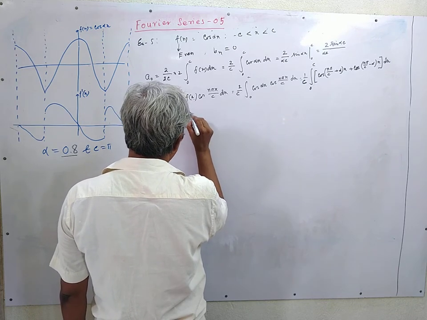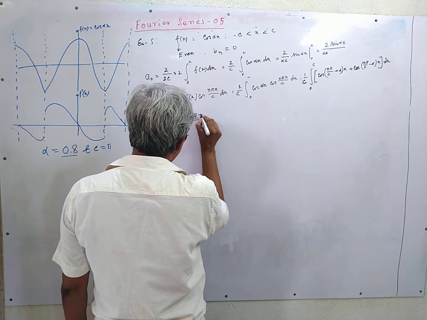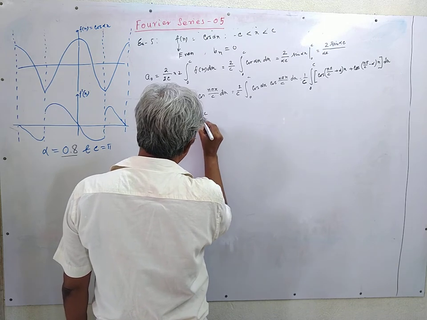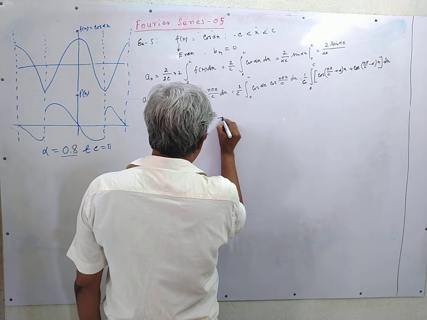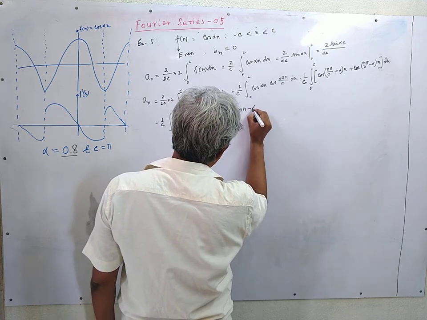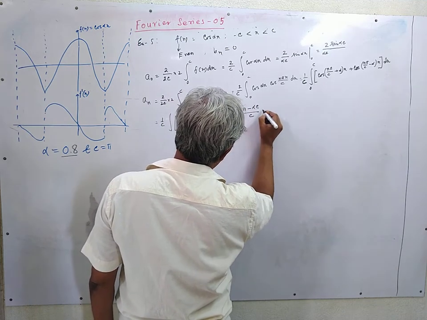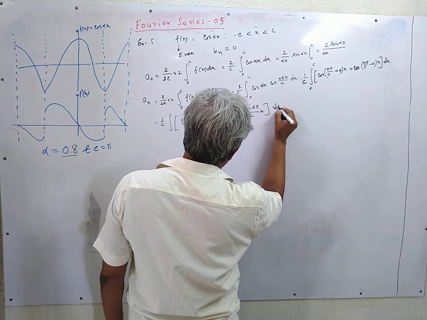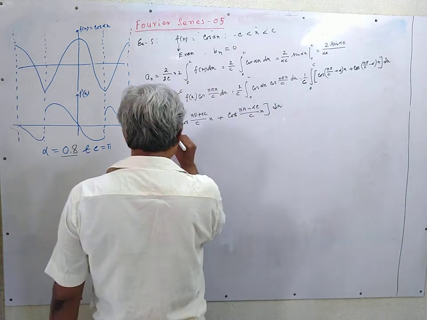We further write it as 1 upon c, and simplify this as cos of n pi by c plus alpha x plus cos of n pi by c minus alpha x dx from 0 to c.